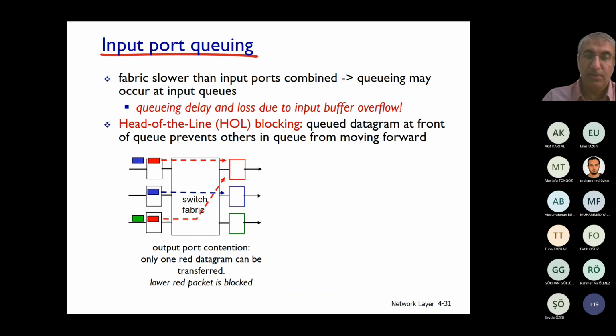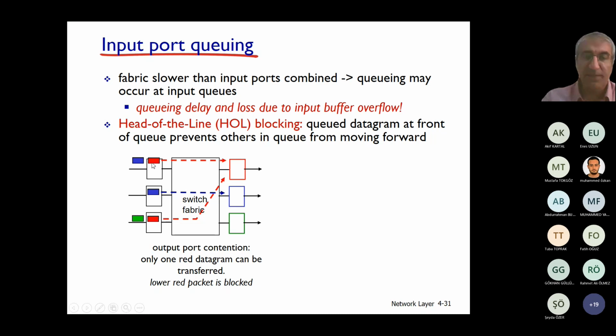Let's look at this specific problem, which we call head-of-the-line blocking. The queued datagram at the front of the queue prevents others in the queue from moving forward. How does this happen? Let's explain.